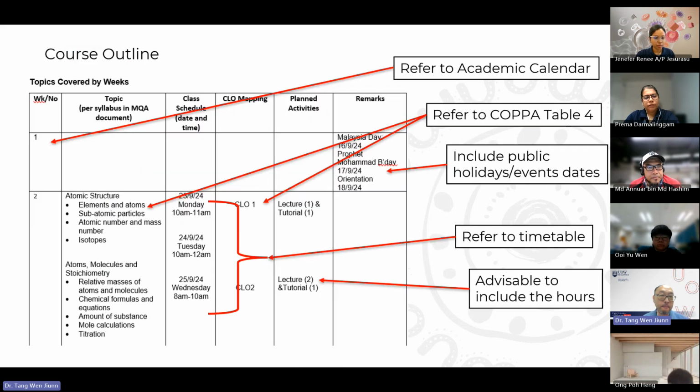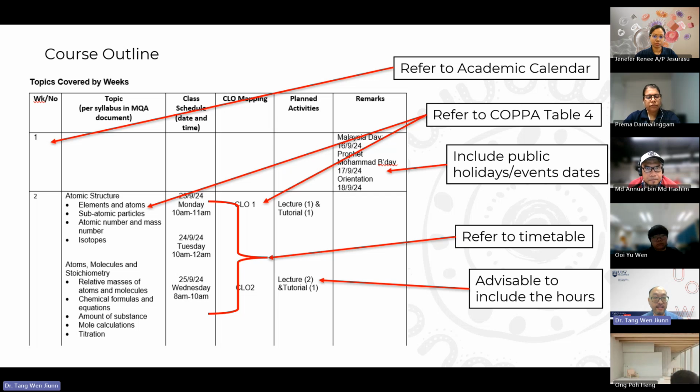So let's see. This is a typical course outline, how it looks. We have the weeks, the topics, class schedule, CLO mapping, planned activities, and remarks. Before the start of the semester, we should be able to come up with the proper course outline already.